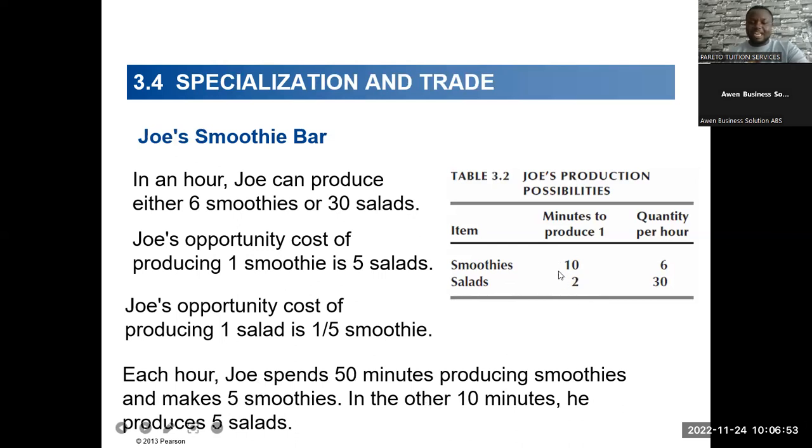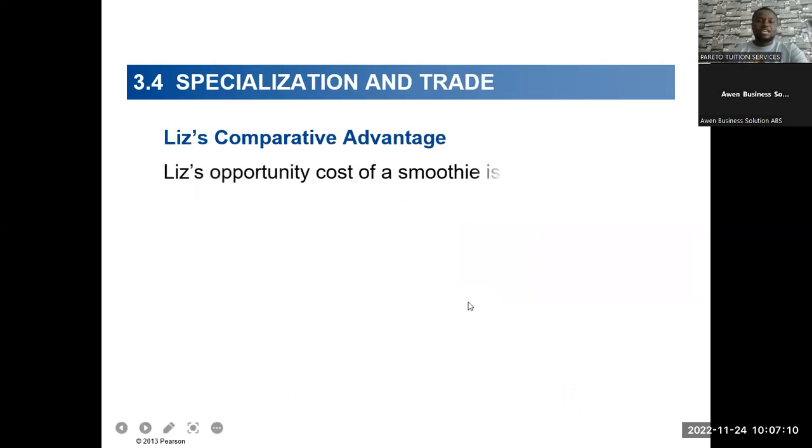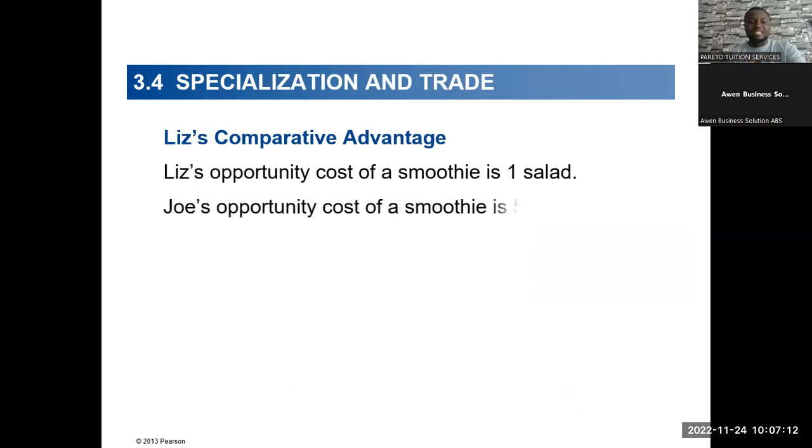Salads. But for salad, we need 2 minutes to produce 1. So in the 10 minutes we can produce what? 5. We can produce 5. So Liz was producing 15 for both, but for Joe, 5 for both. Okay, 5 for both. So let's look at the comparative advantage.